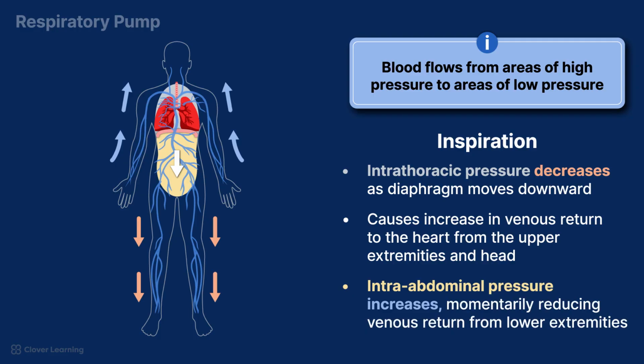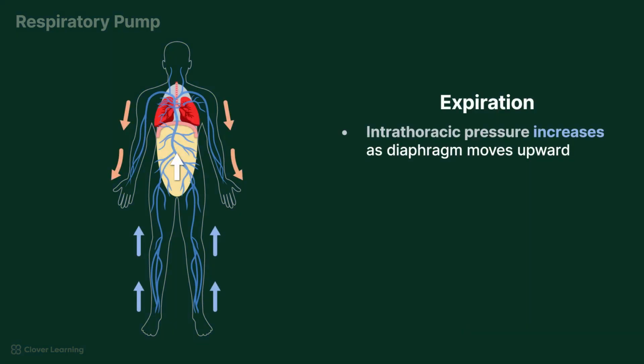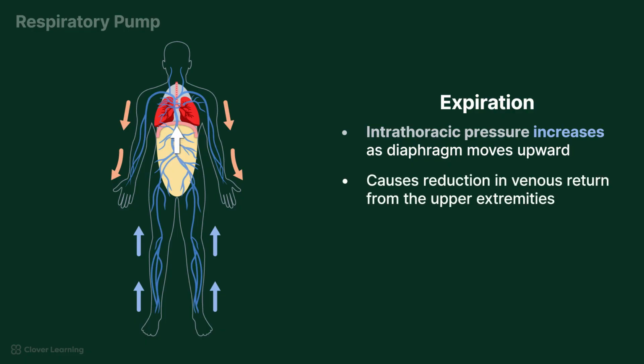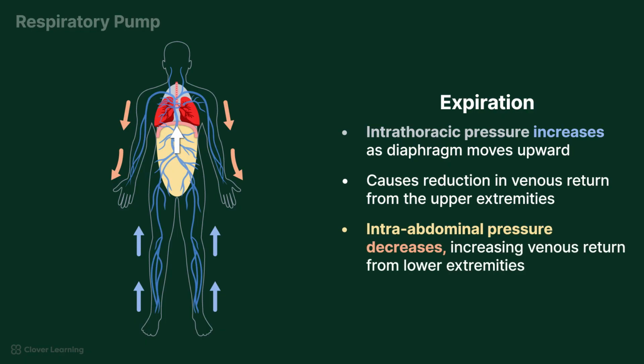Intra-abdominal pressure increases, which momentarily reduces venous return from the lower extremities. Upon expiration, intrathoracic pressure increases as the diaphragm moves upward, reducing venous return from the upper extremities. Intra-abdominal pressure decreases, allowing increased venous return from the lower extremities.